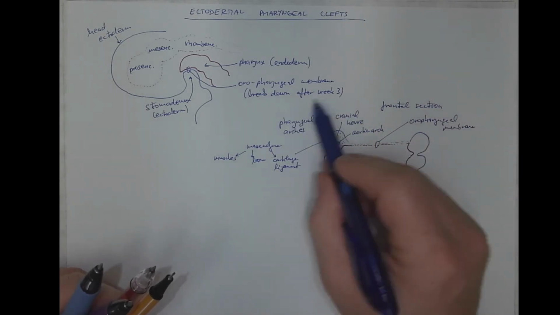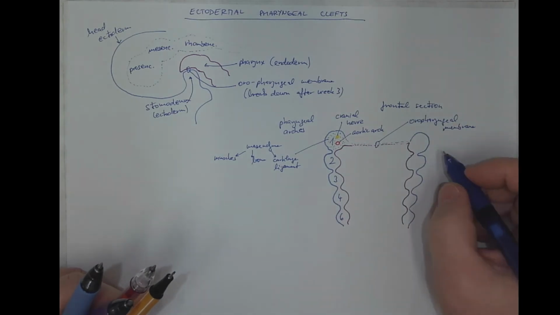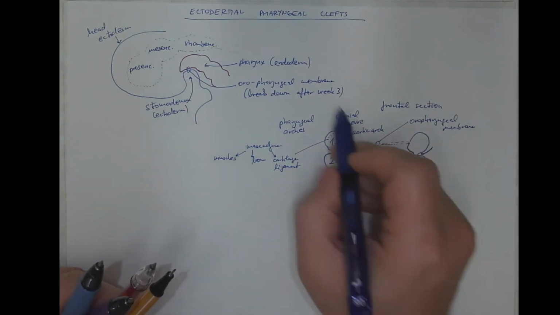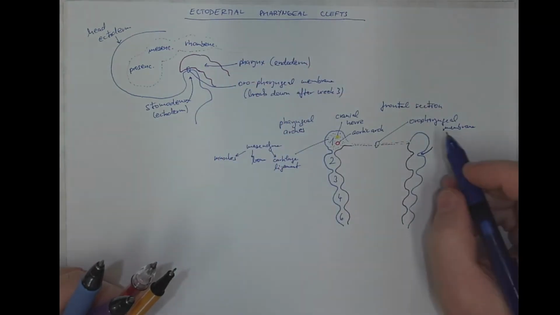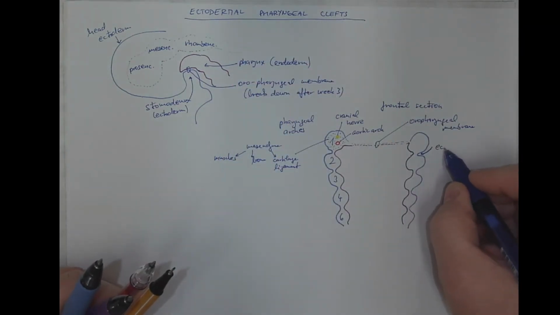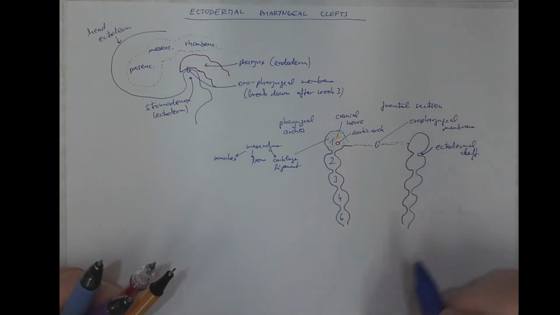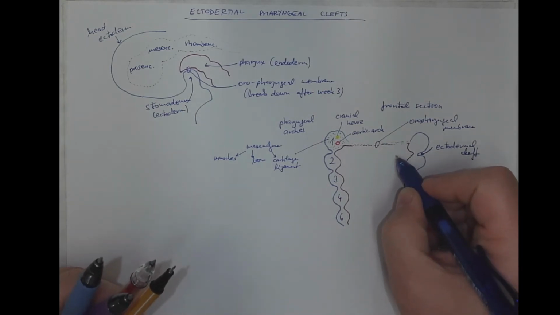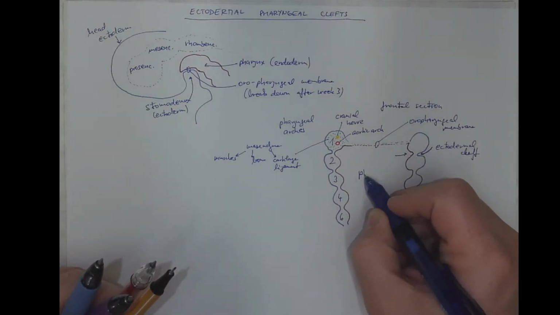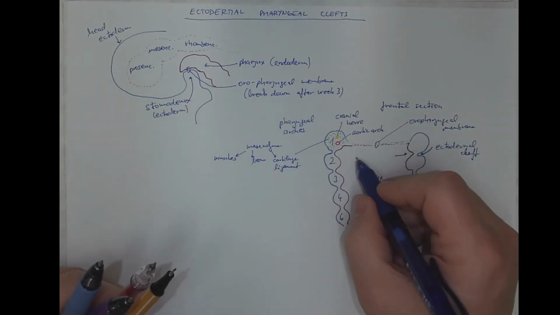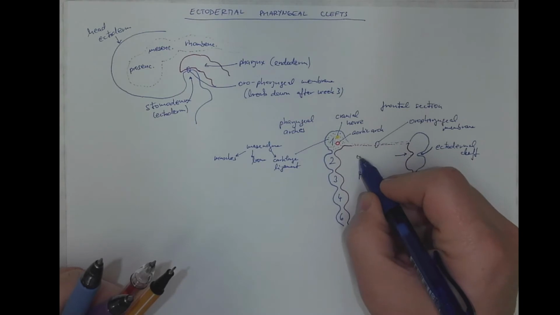And to establish the terminology necessary here, this invagination of ectoderm is the ectodermal pharyngeal cleft, and this invagination from the inside, from the pharynx, is the endodermal pharyngeal pouch.